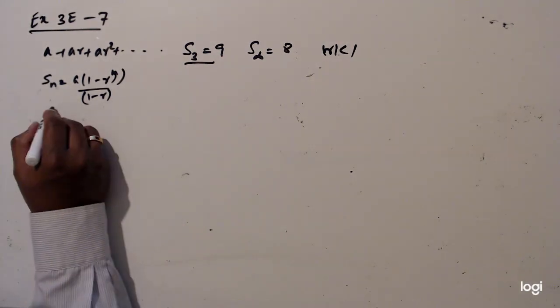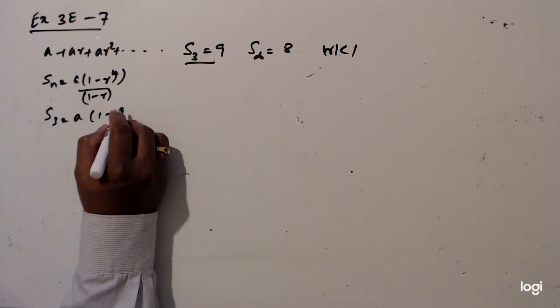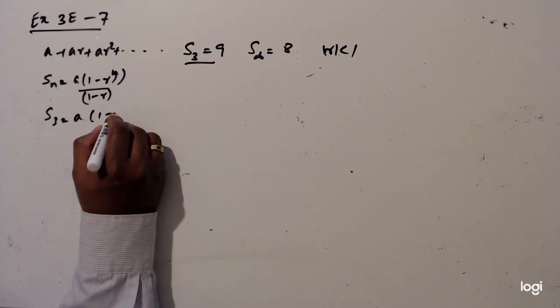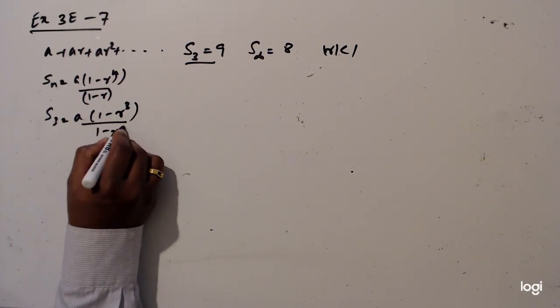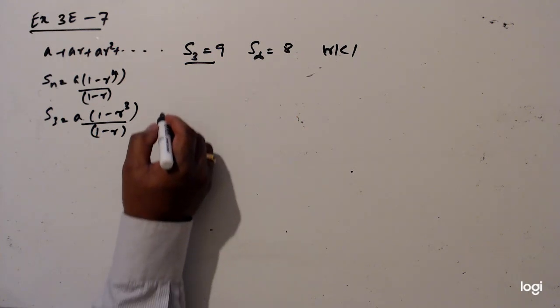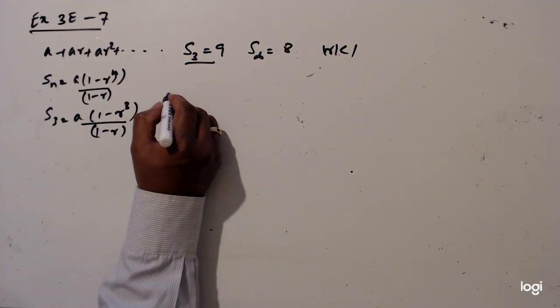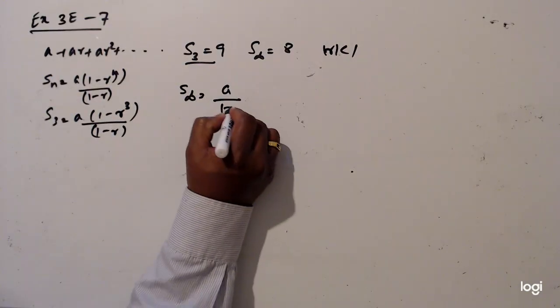So S3 is a times 1 minus r cubed over 1 minus r, and S infinity is a over 1 minus r.